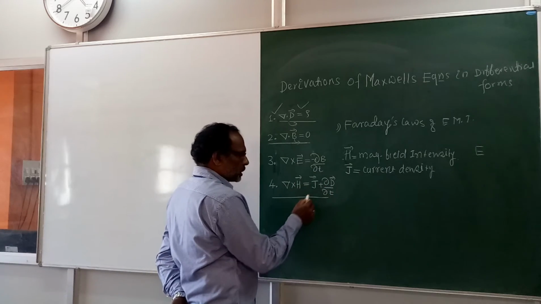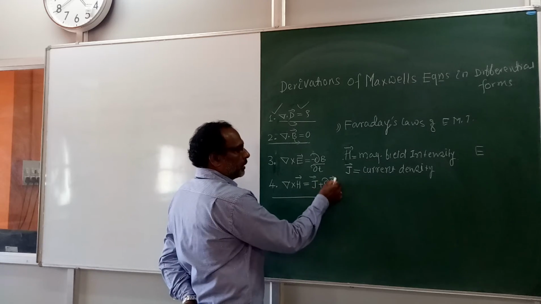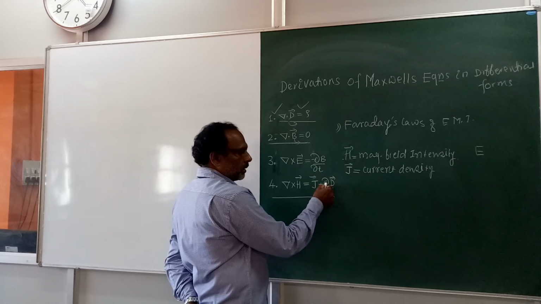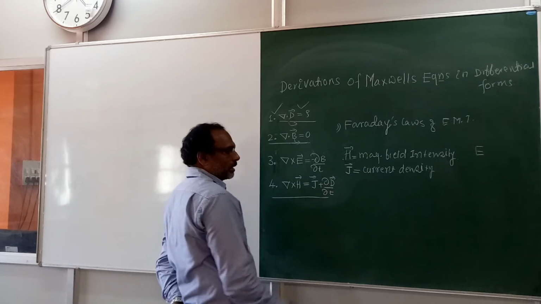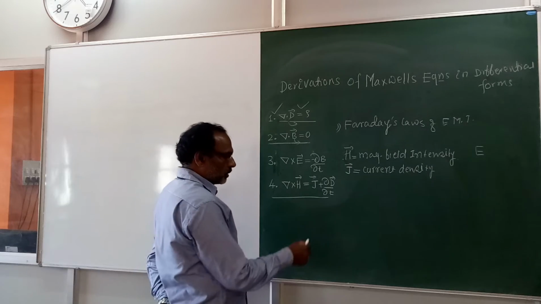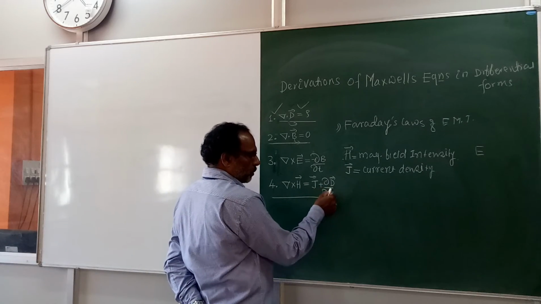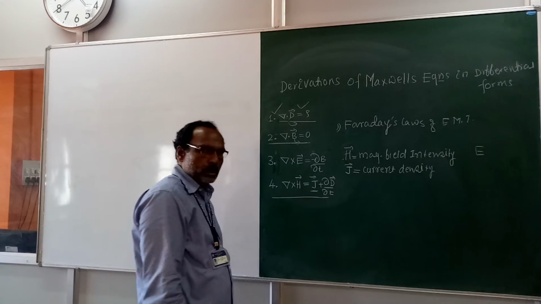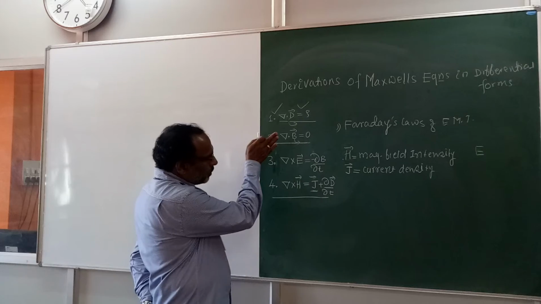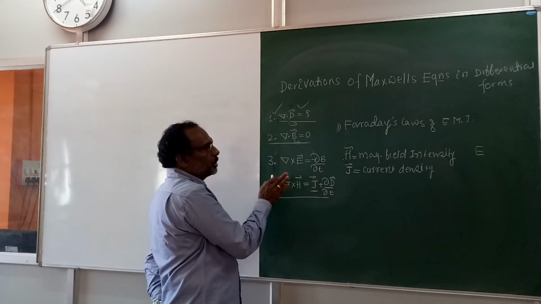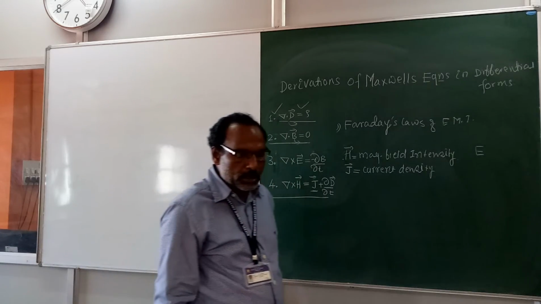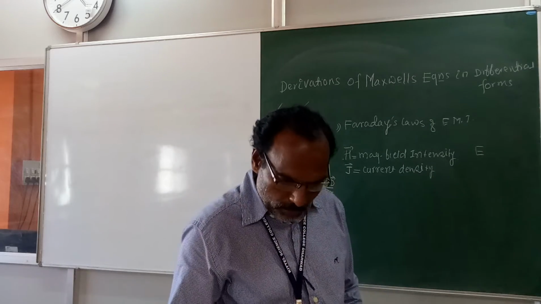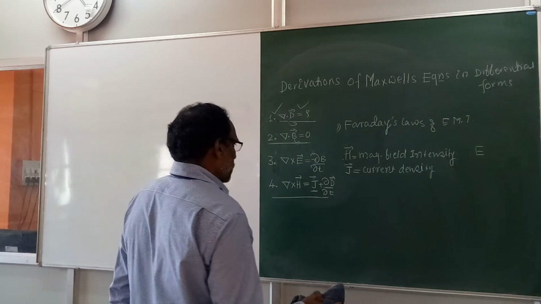So this is nothing but J plus this factor, the time variation of electric displacement, which has the dimension of current density J. This is brief information regarding Maxwell's electromagnetic equations.